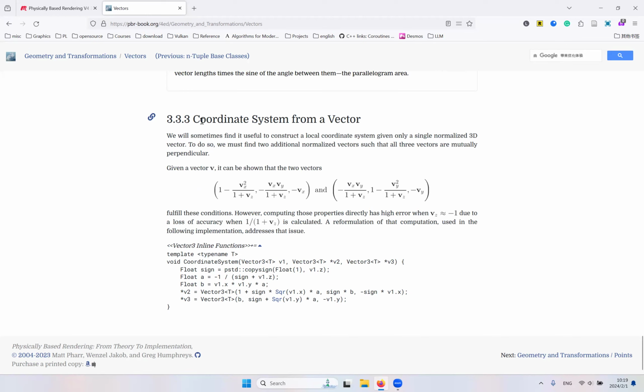Here, this is another interesting function where you have just one vector and then generate a coordinate system. I probably can learn from this because what we usually do in shader is pick an arbitrary up vector and use that to generate a coordinate system. But then the problem is, what if your vector is the up vector?